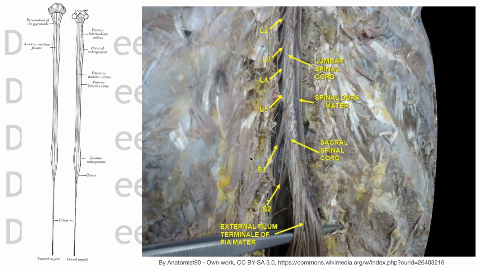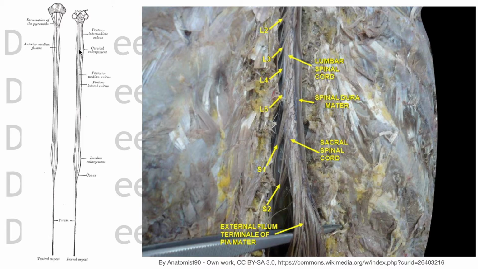This is a picture to show you a real picture of the cauda equina, and observe please that the roots become longer as you go down to finally form the cauda equina, and this is the end of the spinal cord, the conus medullaris. In this picture you can see the cervical enlargement and the lumbar enlargement.